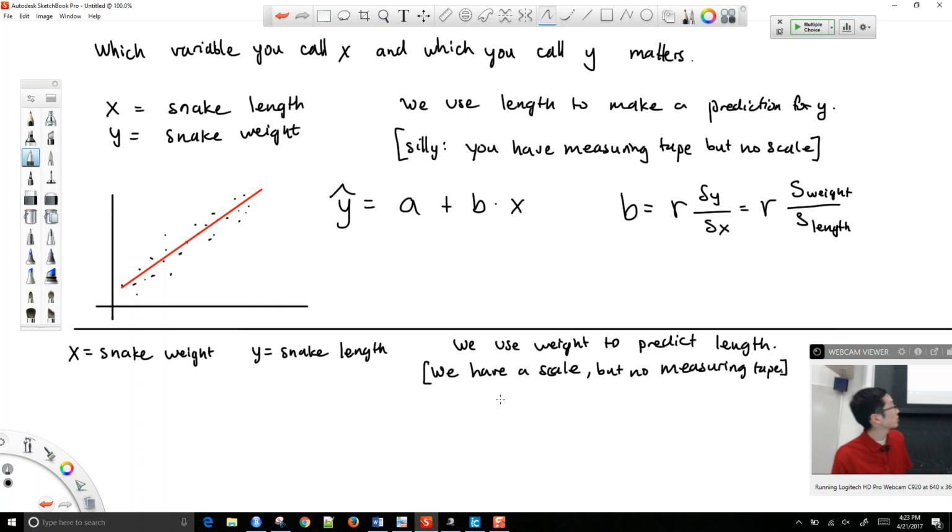Okay, so here we have a scale but no measuring tape. And the important thing here is, do not just take this equation and try to solve for x in terms of y.